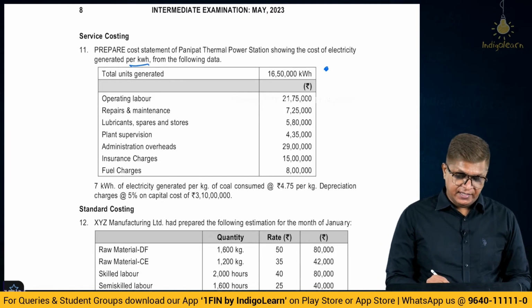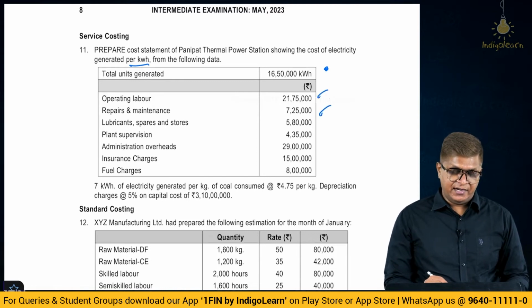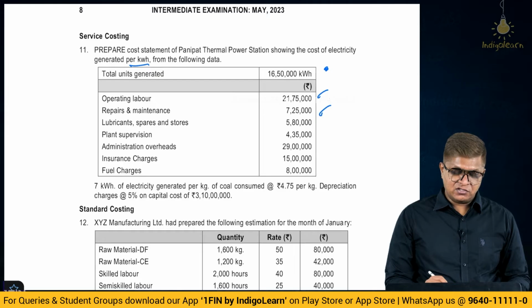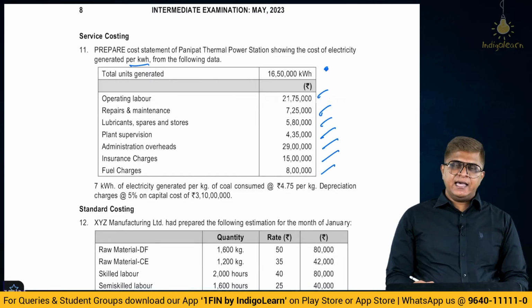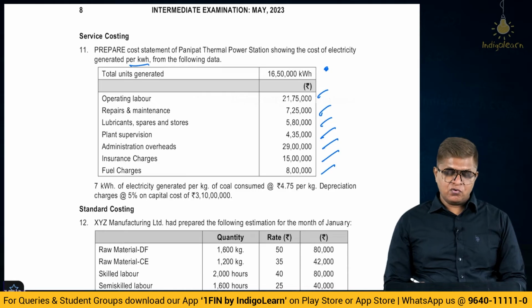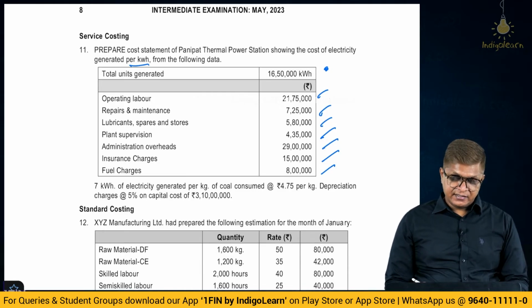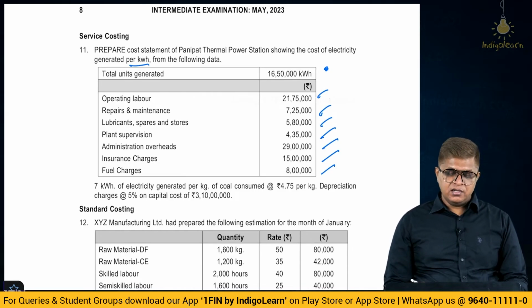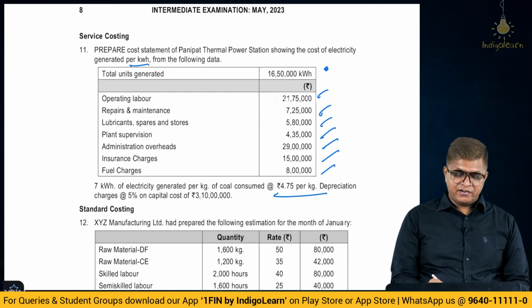Operating labor 21,75,000, repair and maintenance 7,25,000, lubricant spares and stores 5,80,000, plant supervision 435, administration overheads 29,000, insurance charges 15 lakhs, fuel charges 8 lakhs, and apart from that they are saying 7 kilowatt of electricity generated per kg of coal consumed at 4.75 per kg.